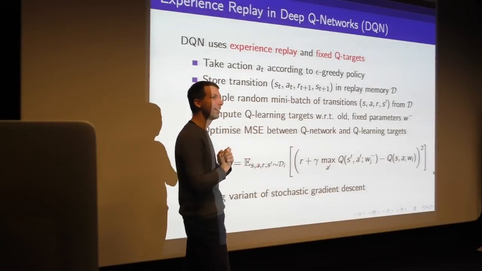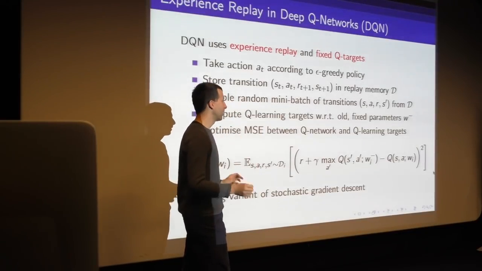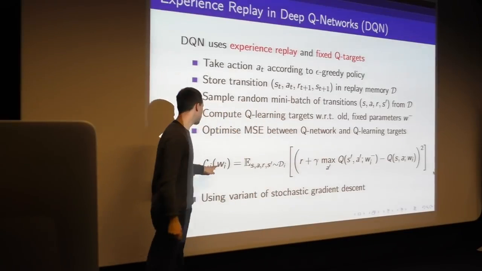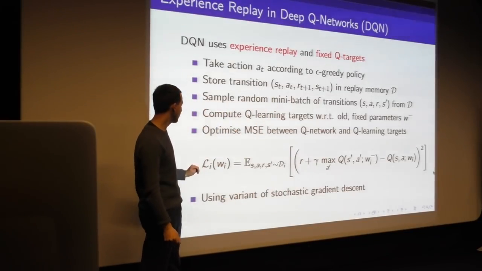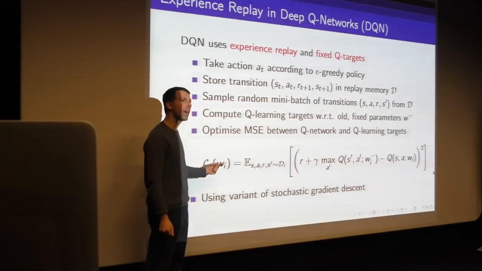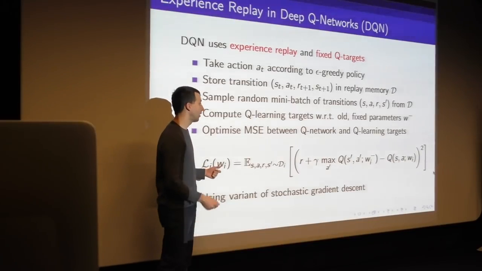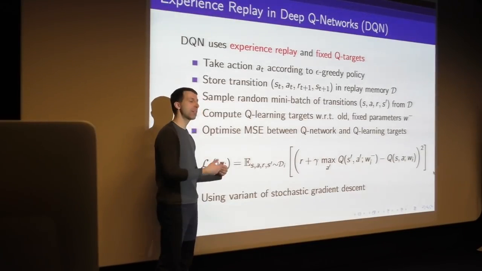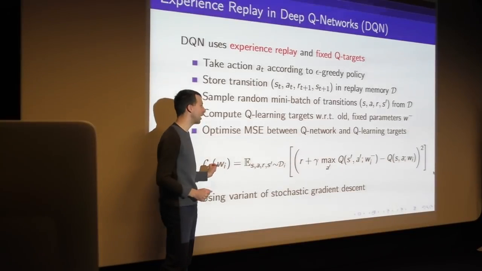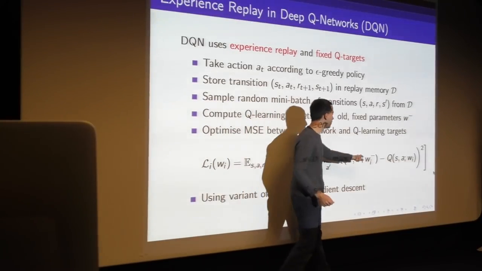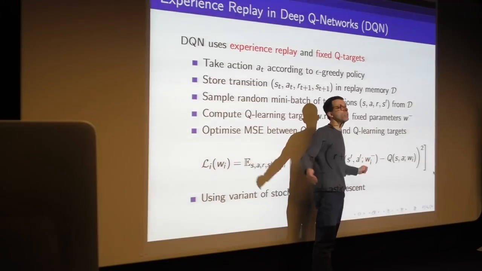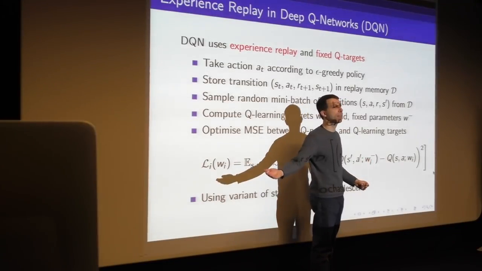So we have two parameter vectors. At any iteration i, we're going to optimize the loss function for that iteration. What we're going to do is update our latest parameters, w_i. We're going to remember some old parameters, say from 1,000 steps ago.